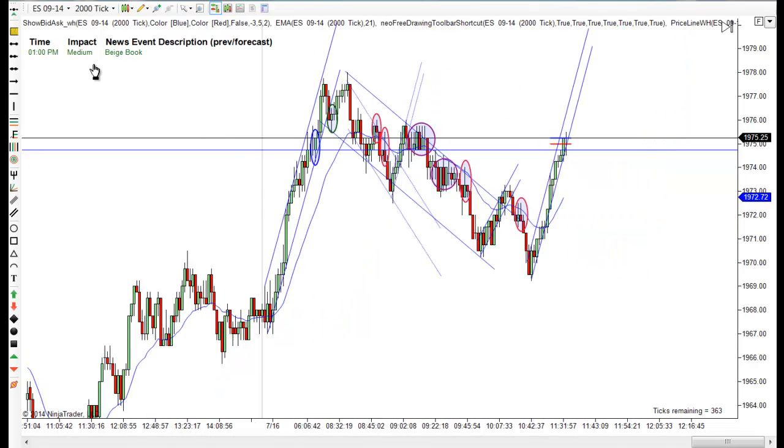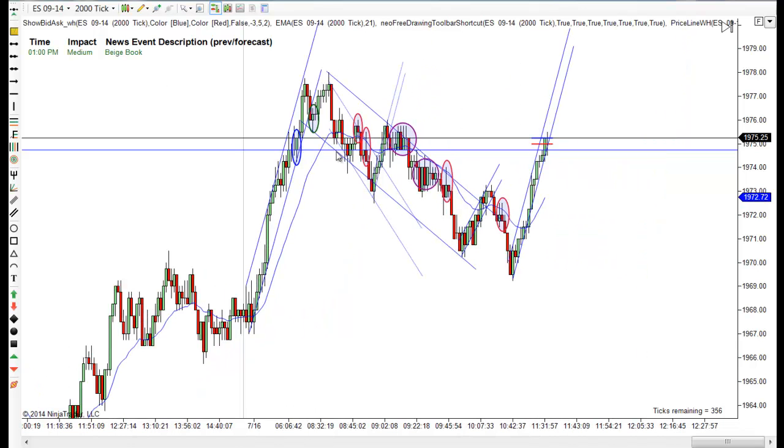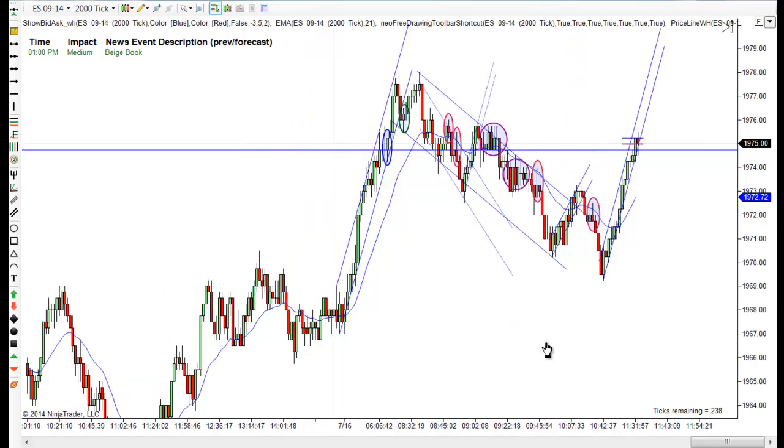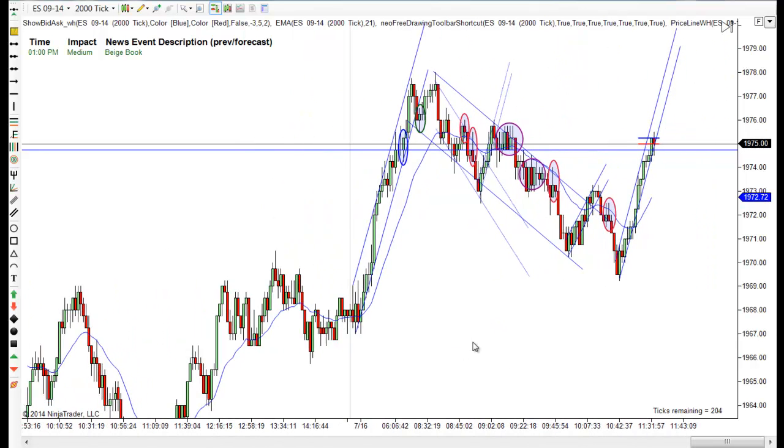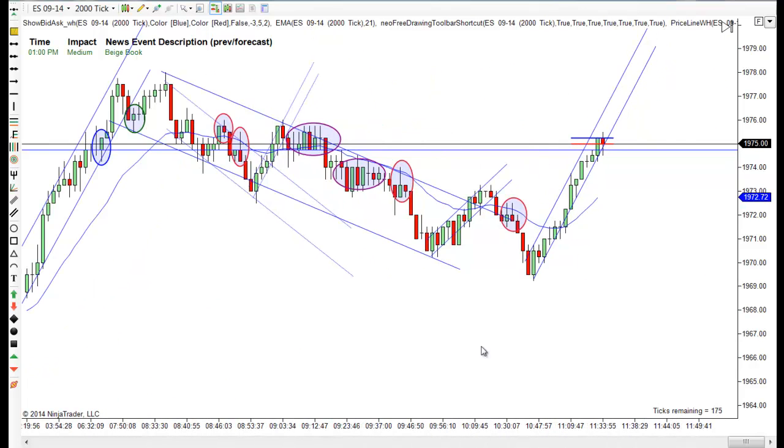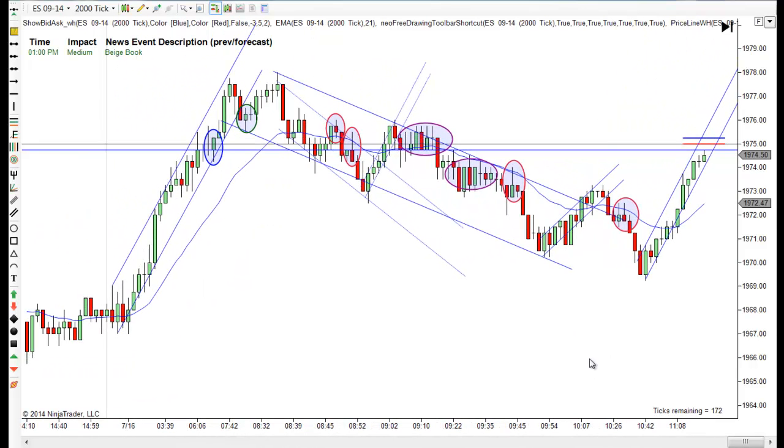And if you look here, this was acting as support, and then once it got below it, it tried to act as resistance. You see, we've broken through there a little bit now. Will we get back above it? It's hard to say, but make sure you understand the importance of those highs and lows.